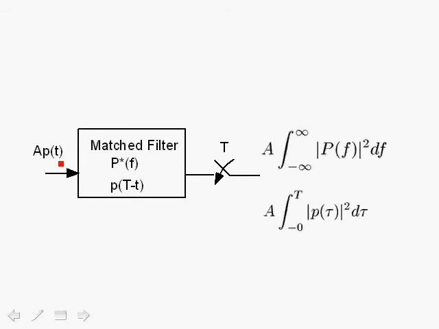The input to the match filter at the receiver is a transmitted pulse at an amplitude A, and if we increase the power of the transmitter, then A increases. So A would be related to the signal power, the transmitted power.